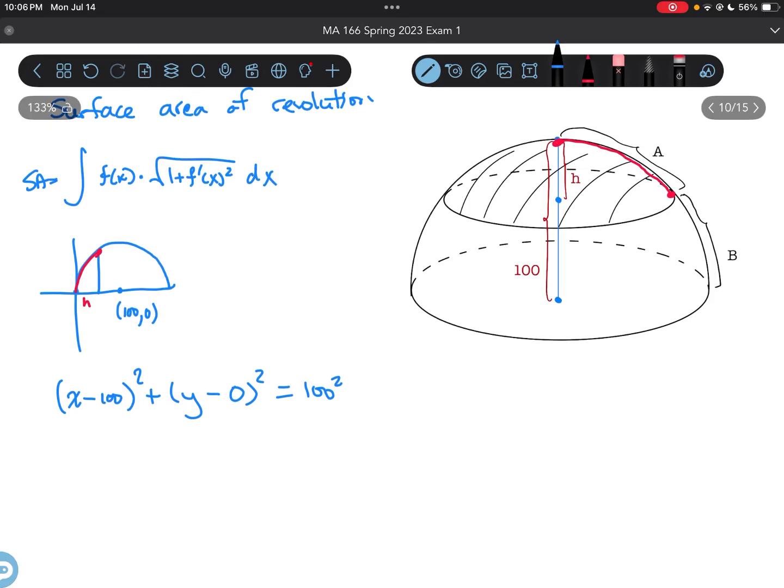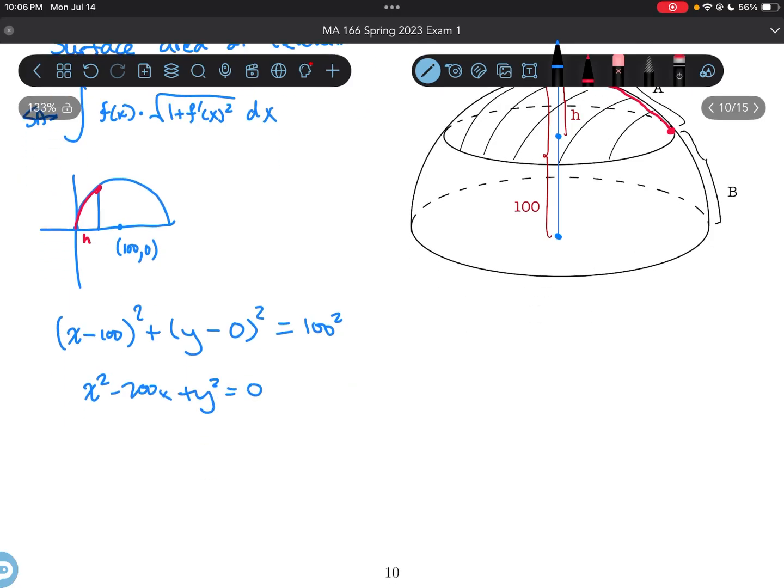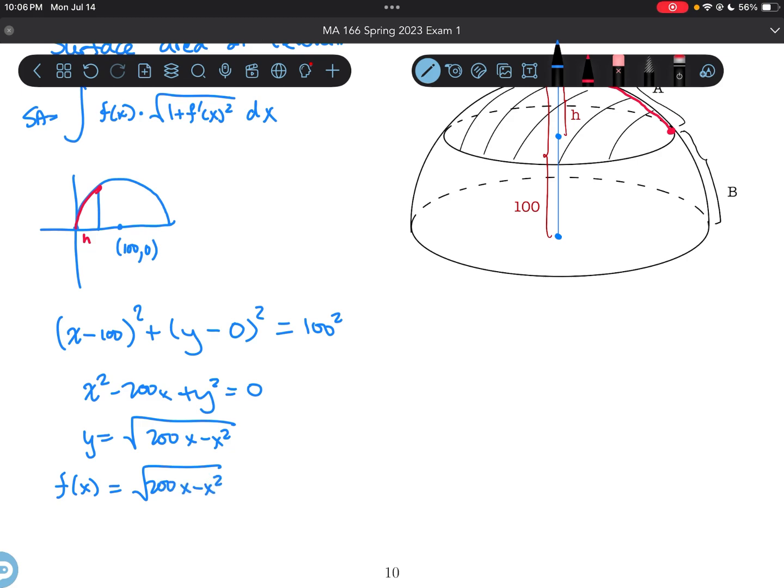If I simplify this out, I get x squared minus 200x plus y squared is equal to 0. Now I need to solve for y, and I get y is equal to the square root of 200x minus x squared. So f of x, which describes this red line segment, is the square root of 200x minus x squared.